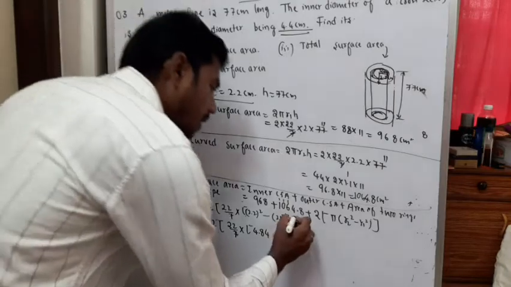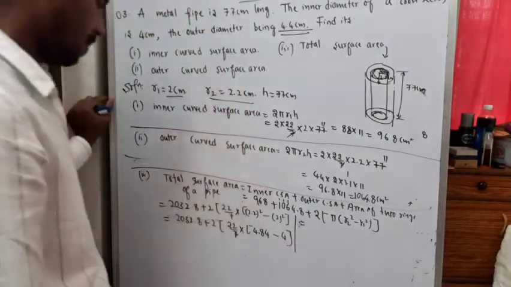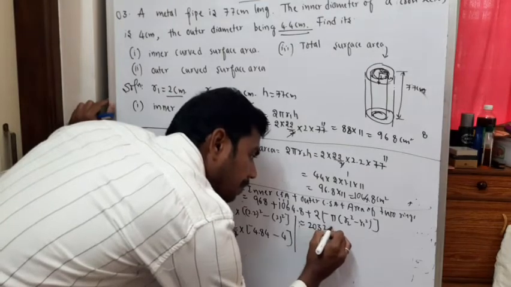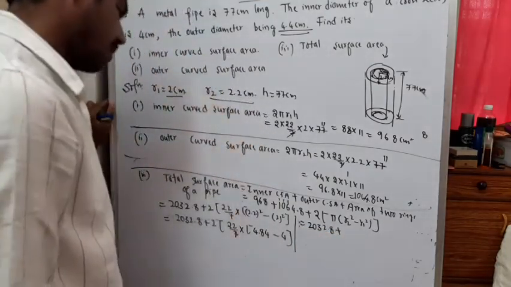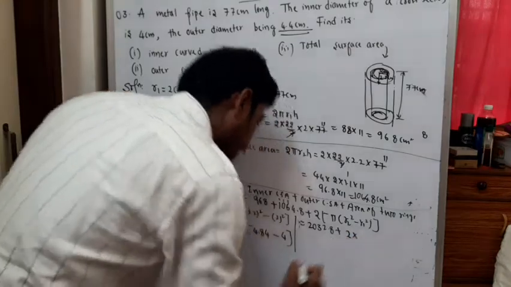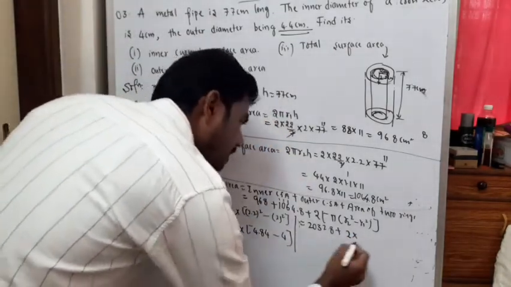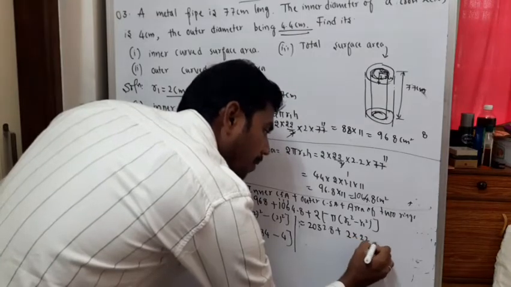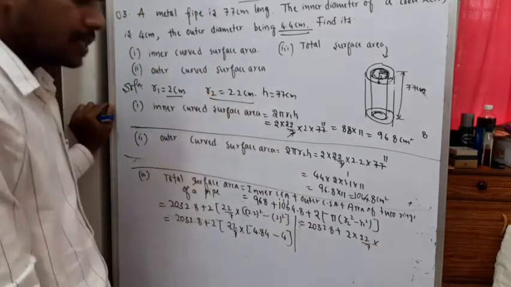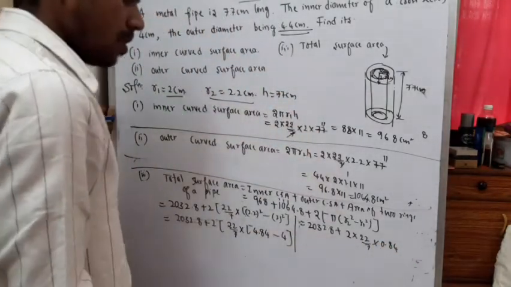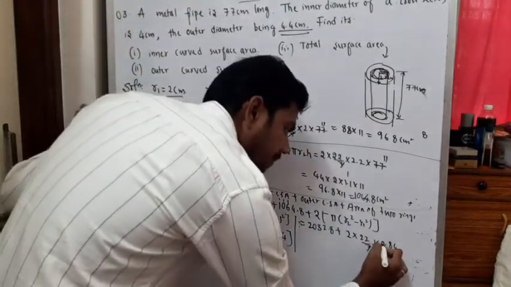I'll continue here. 2032.8 plus 2 into 22/7 into 4.84 minus 4 is nothing but 0.84. 7 1s are 7.